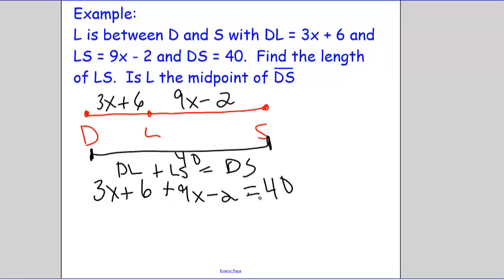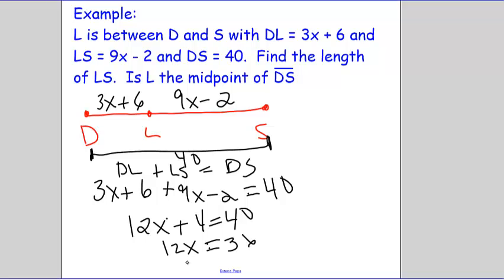So now we combine like terms. 12x plus 4 equals 40. Subtract. And divide. So I get x to be 3. Now let's plug in 3 for x to determine what the length of LS is.